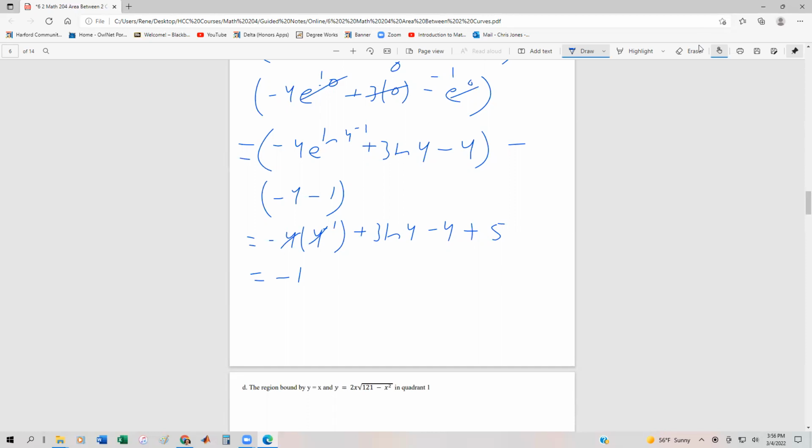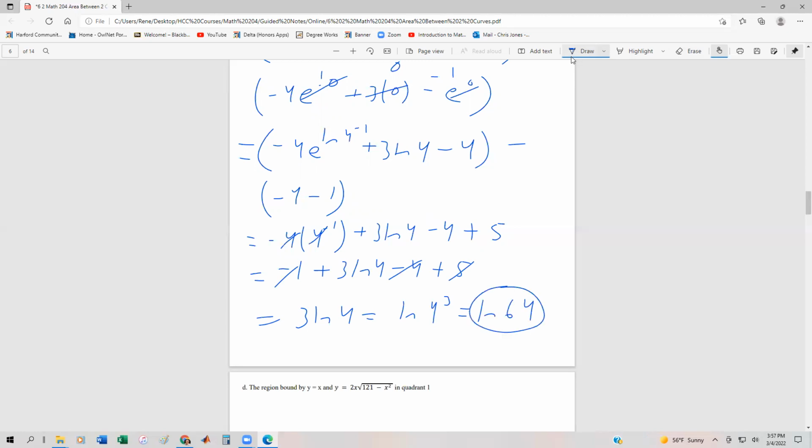If you don't trust me on that, another way to think about it is 4 to the negative 1 can be written as 1 over 4, so negative 4 times that works out to negative 1. So we get negative 1 plus 3 ln 4 minus 4 plus 5. So we should end up with 3 ln 4. Another way to write this is ln of 4 to the third, or ln of 64.